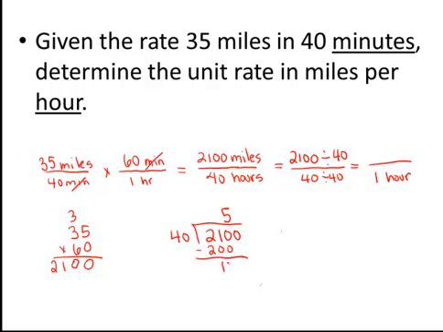With 10 left over, bring down the 0. 40 goes into 100 twice, which is 40 times 2 is 80. 20 left over. I'll add a decimal point, bring it above, add a 0, and bring it down. 40 goes into 200 5 times, evenly.